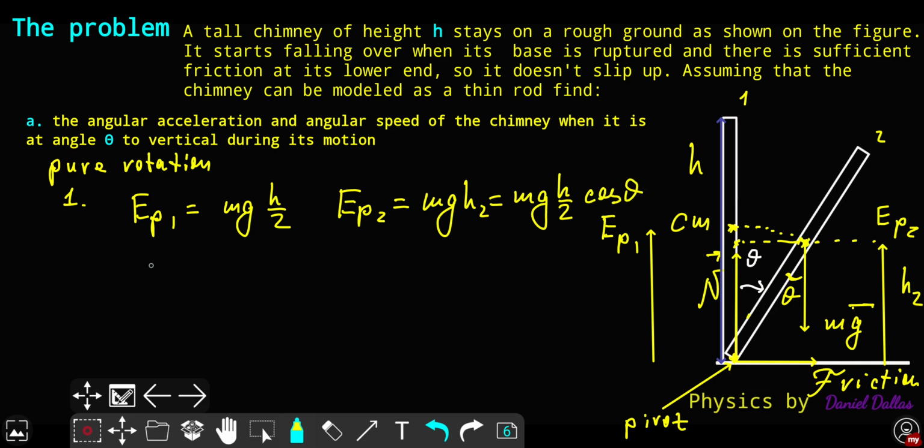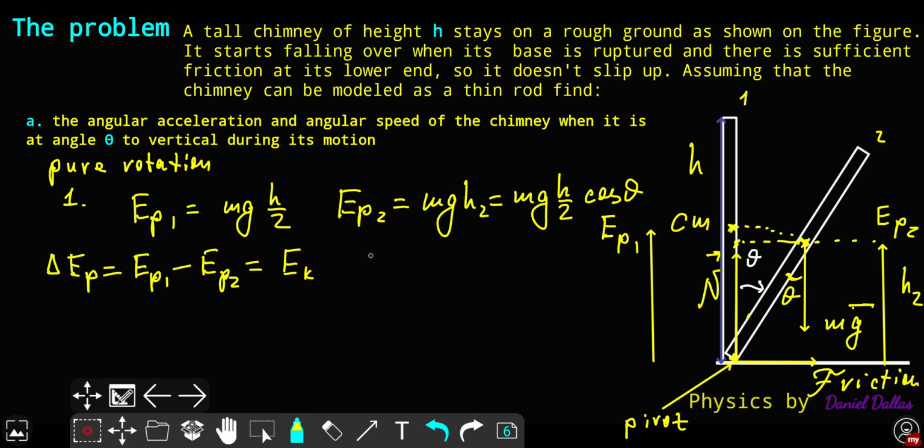So right now we have the change in potential energy, which is simply potential energy in position 1 minus potential energy in position 2. We'll simply transfer it and it goes into kinetic energy, the kinetic energy of the rotation.